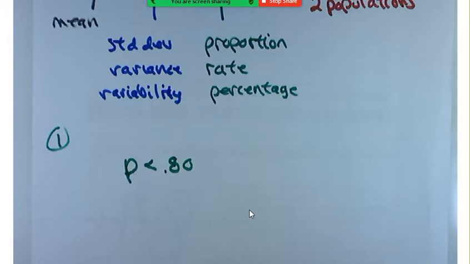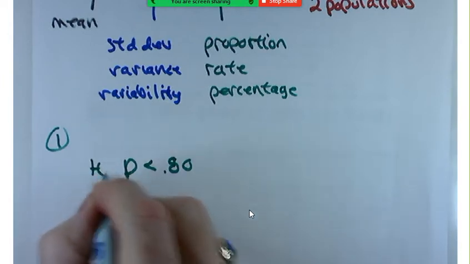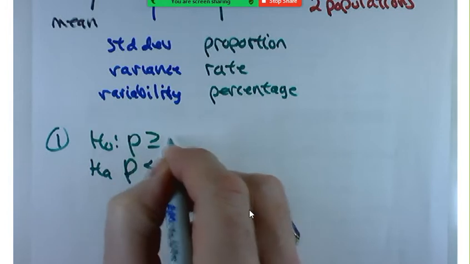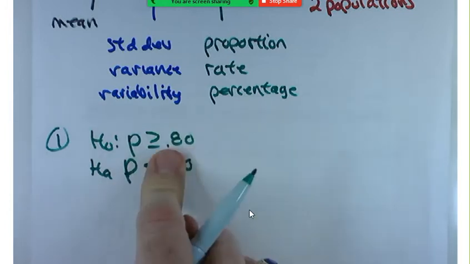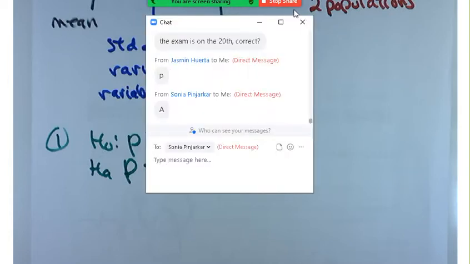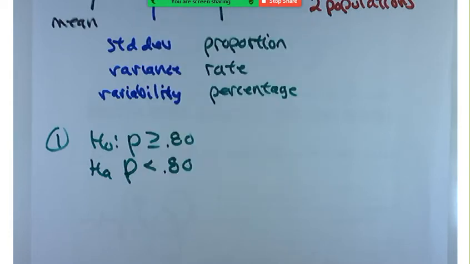Has to be in the alternative. So that's HA, H0 would be P is greater than or equal to 0.80. Of course, on MyStatLab and in the book, that's just going to be P equals 0.80. That's okay. I accepted either one. Okay, let's try the next one.